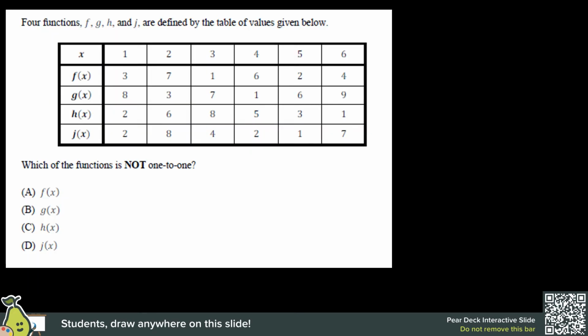So for this one here, it says 4 functions f, g, h, and j are defined in the table of values below. Which of the functions are not one-to-one? So for one-to-one functions, one-to-one means x's don't repeat for the function.